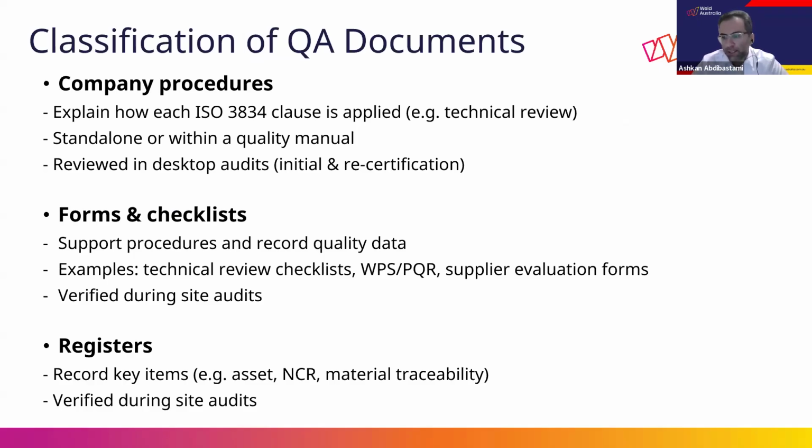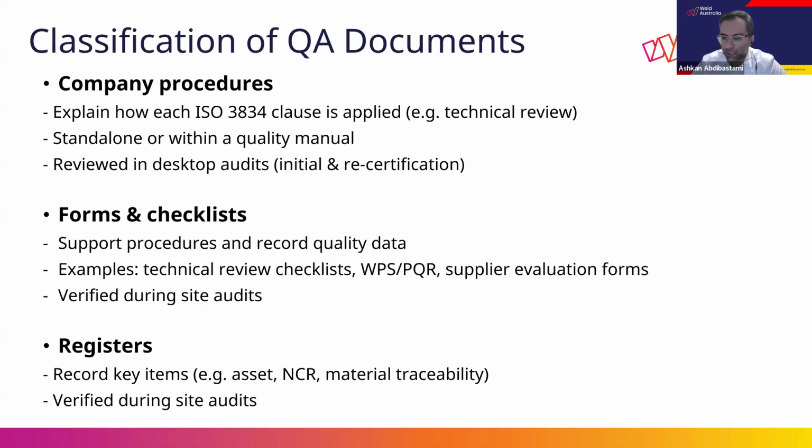QA documents are classified into three main types. Company procedures outline how each ISO 3834 clause is applied and can be standalone or part of a quality manual. These are typically reviewed during desktop audits.